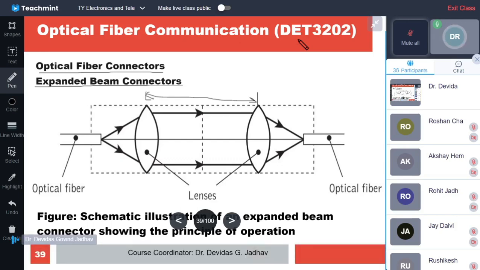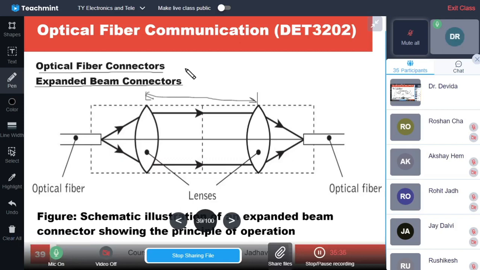Suppose we have one fiber, and this fiber gives light to the lens. This lens makes it parallel. Now the second lens is placed.